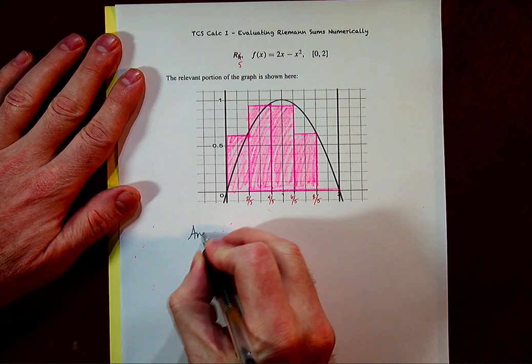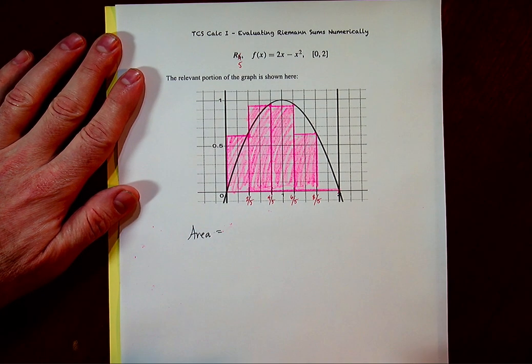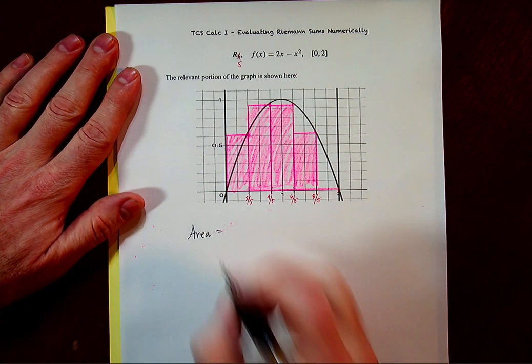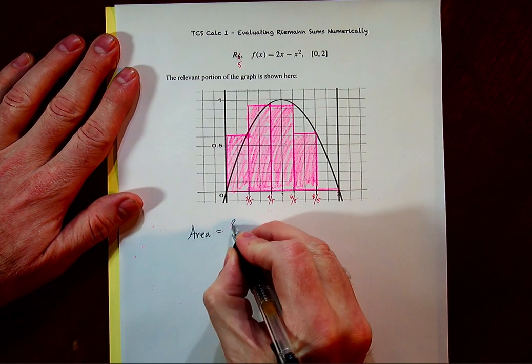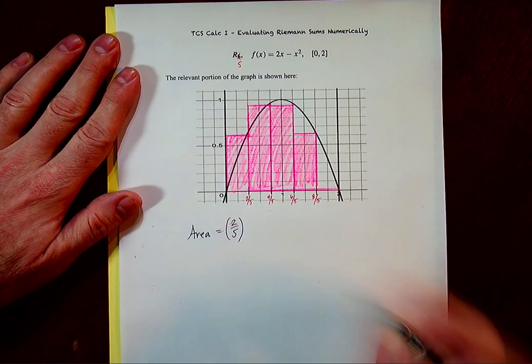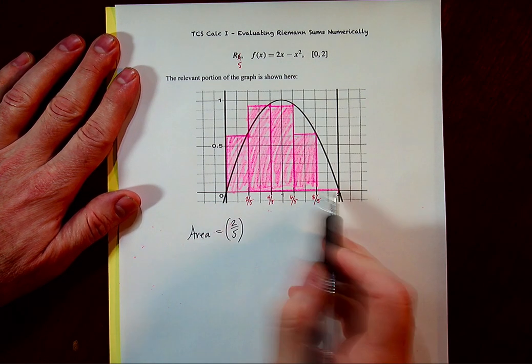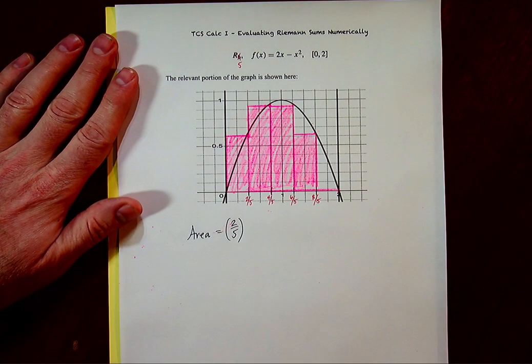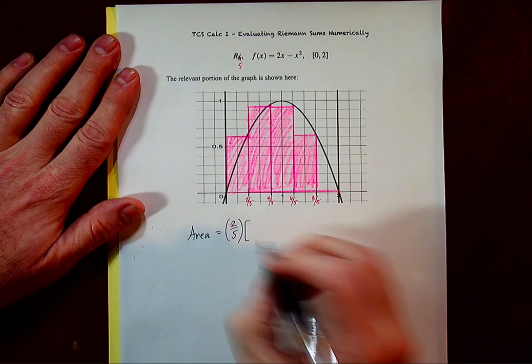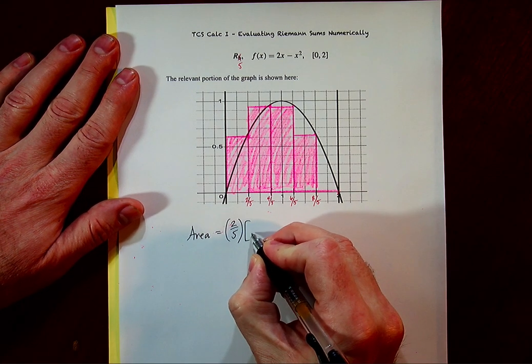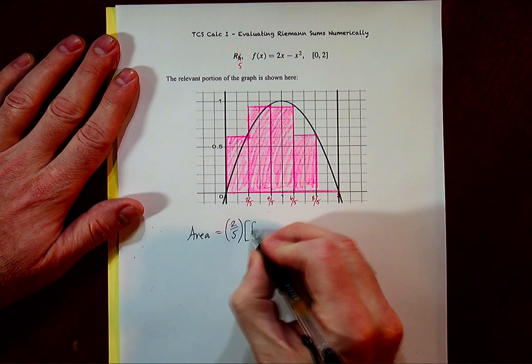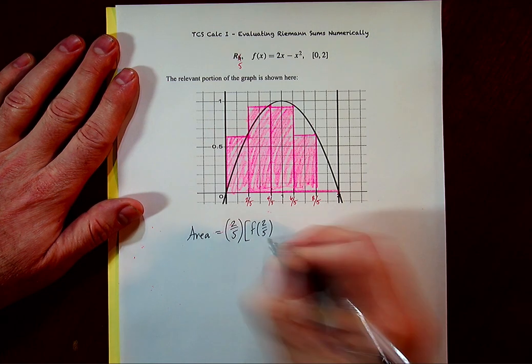So the area approximation, the sum of the subintervals, should be, well, the constant width is 2/5, right? Because it's an interval that is 2 wide, broken into 5 pieces. At which point, the first subinterval is going to be determined by the function value at 2/5.